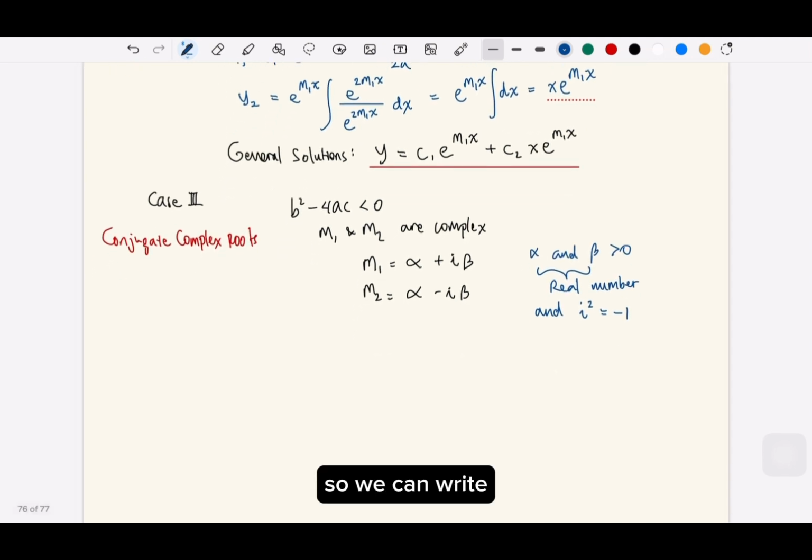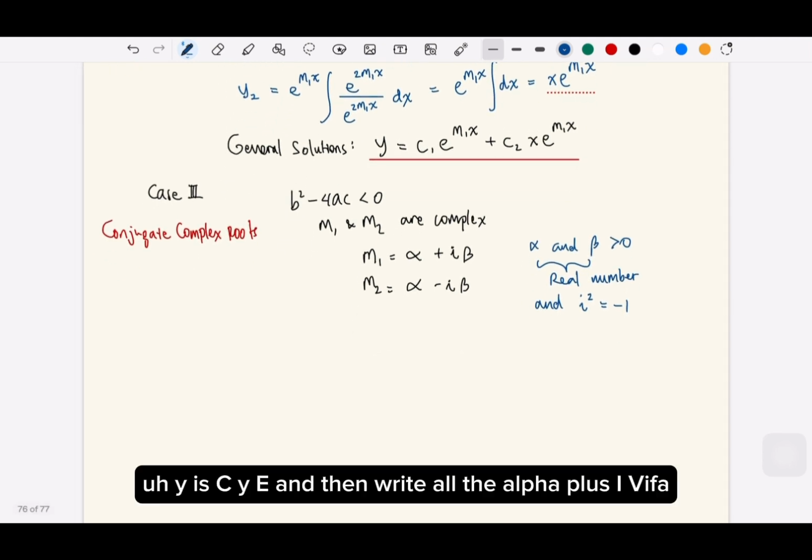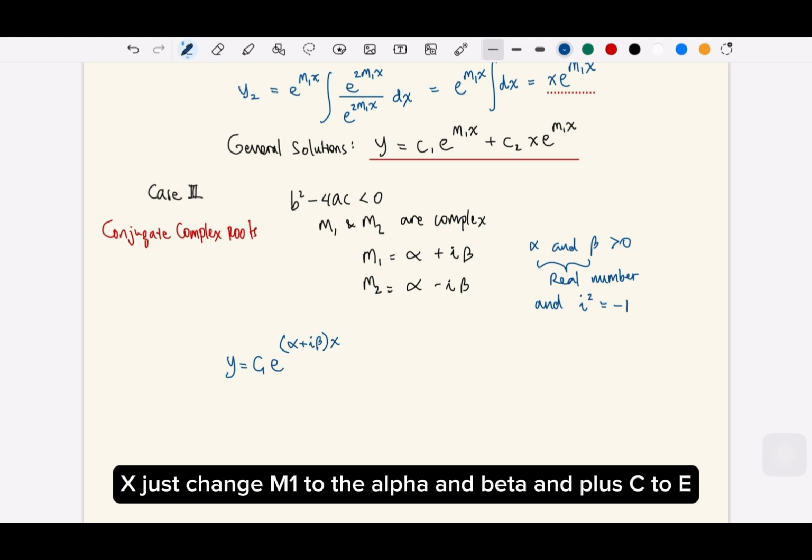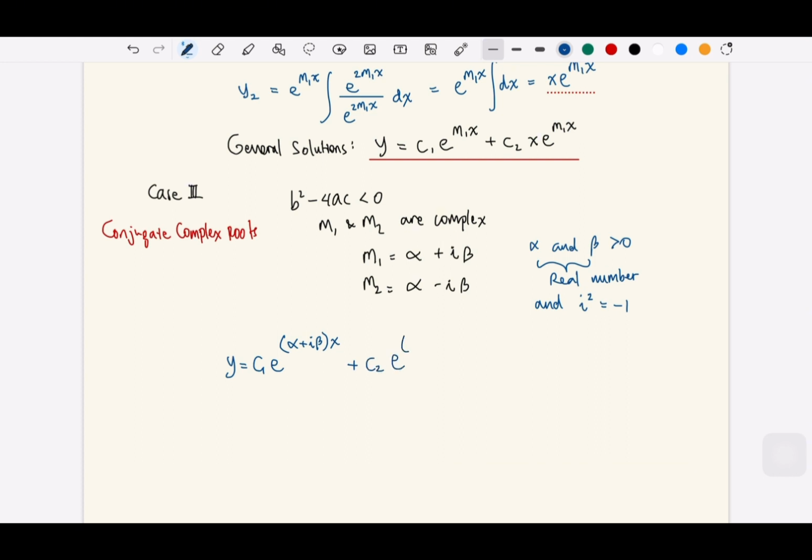So we can write y is c1 e to the alpha plus i beta x, just changing m1 to alpha and beta, plus c2 e to the alpha minus i beta x.